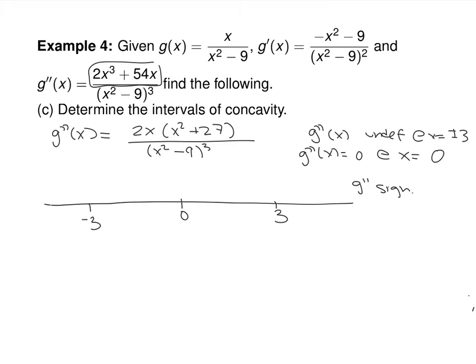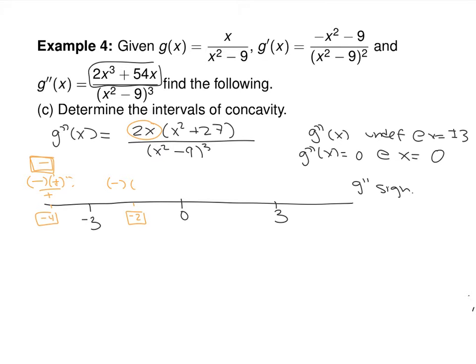Okay, suppose we tested negative 4. That factor is negative, right? This next factor is positive. The denominator factor is positive. So the second derivative is negative there. Okay, test negative 2.